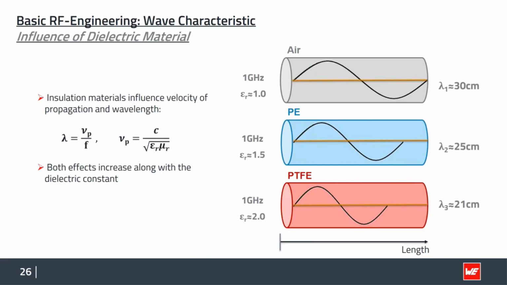So it's quite a big difference between air and PTFE. And this explains also why it's so important, for example, to really fix your PTFE insulator in the connector so that it cannot move and make any air gaps, because this will cause you a lot of trouble. So this is really a point to look at in the quality of the connector.